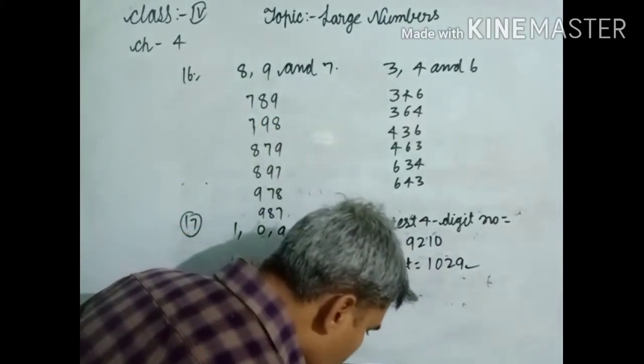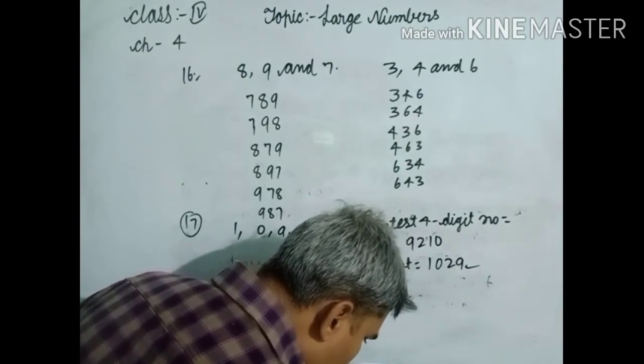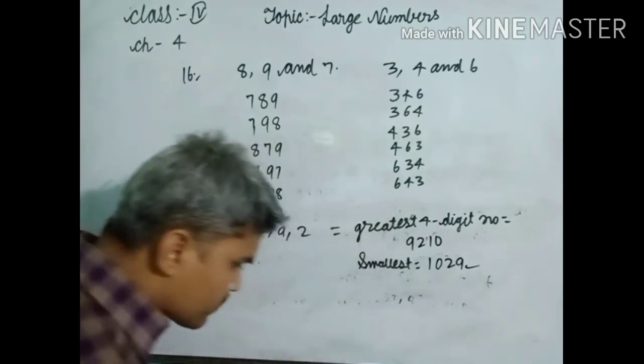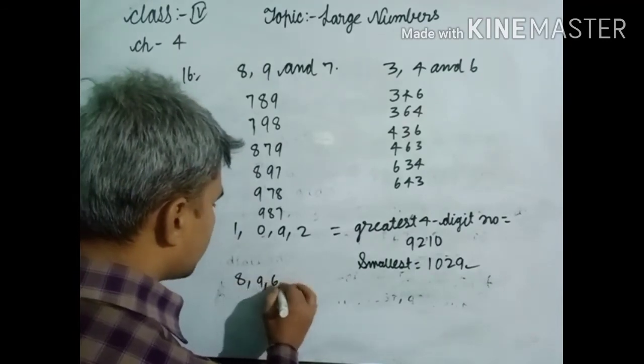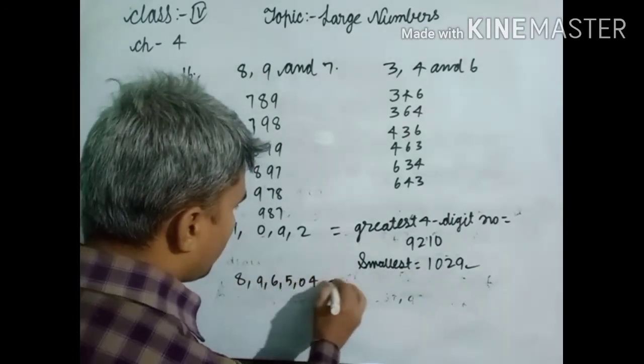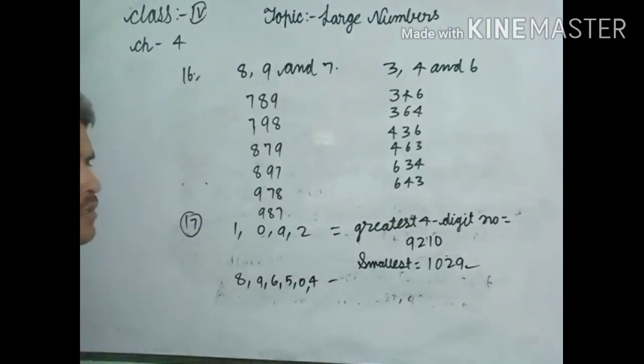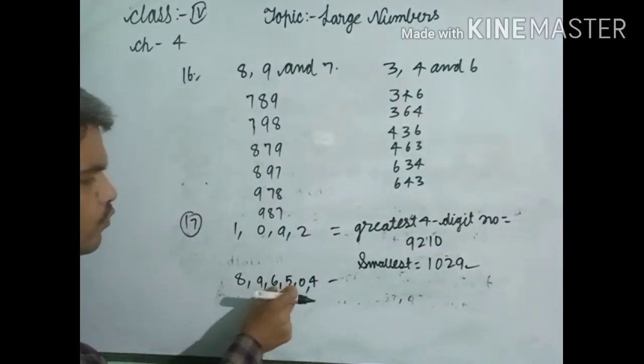Dear students, now many such problems: 896504. Make the greatest 6-digit number from 8, 9, 6, 5, 0, 4.